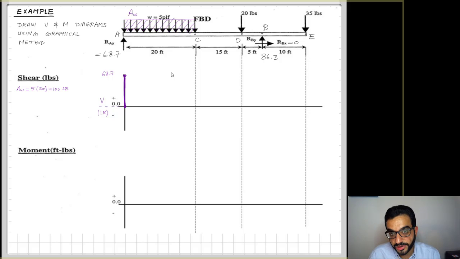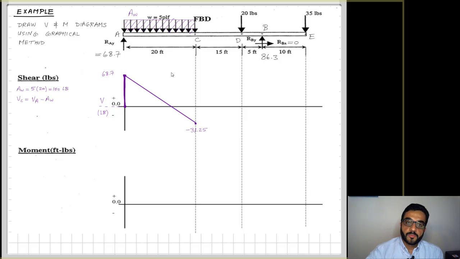That's a positive load area. But remember, there is a negative relationship between the load and the shear. So this means that I'm dropping from 68.7 by 100 pounds, so VC is equal to VA minus AW. I'm dropping to negative 31.25.